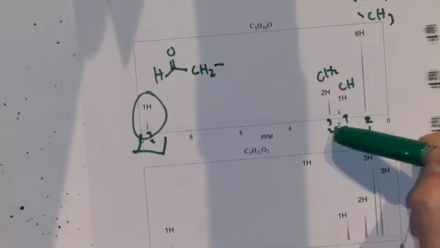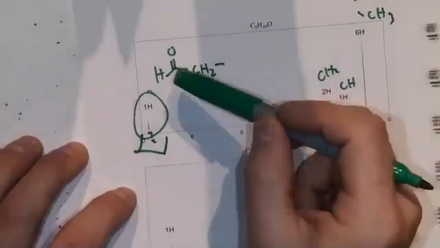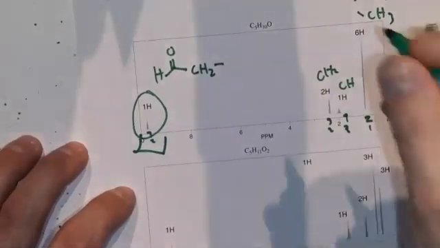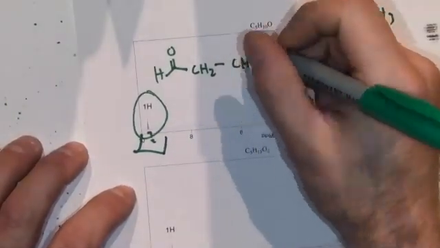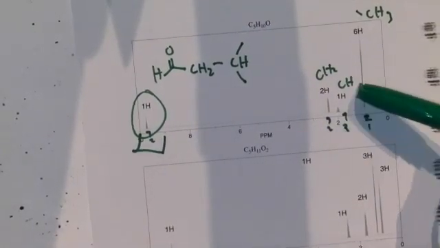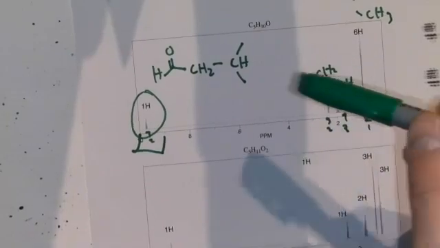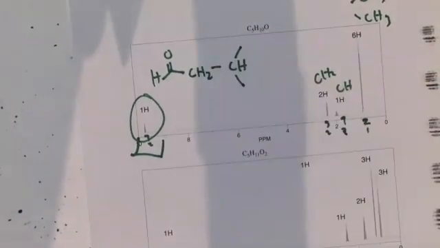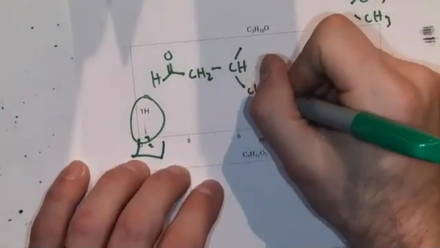It's supposed to have 2 neighbors. Currently, it has 1 from the aldehyde, so a CH would make sense. And then our CH is supposed to have 8 neighbors. Currently has 2, which means it needs 6 more, so 2 CH3s.